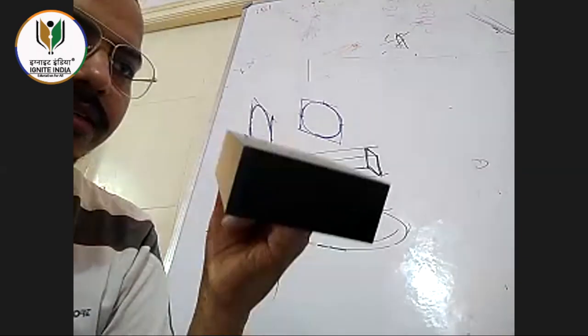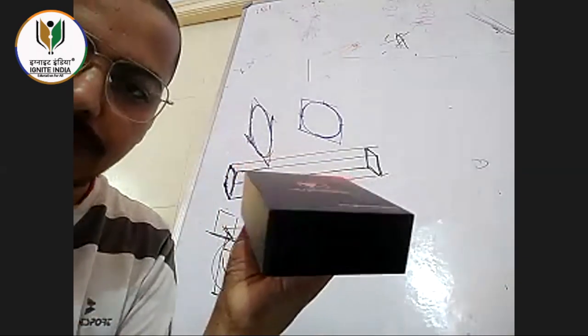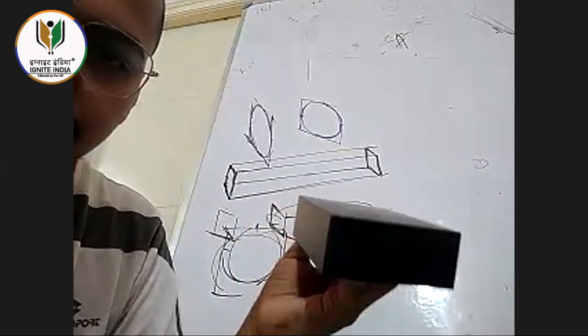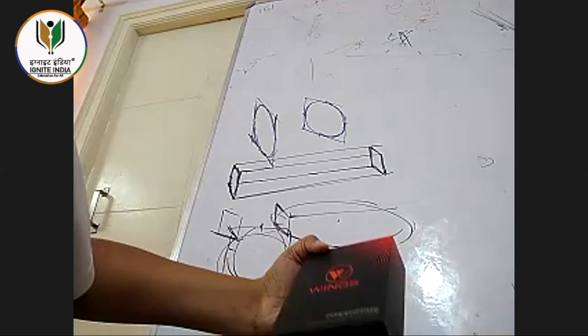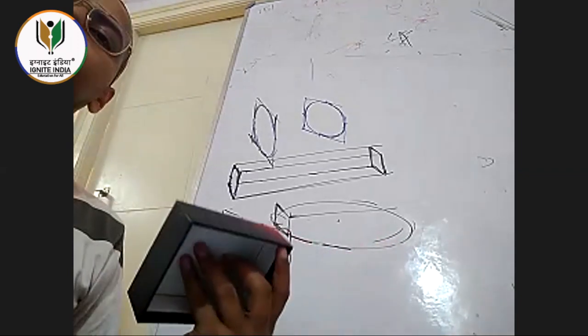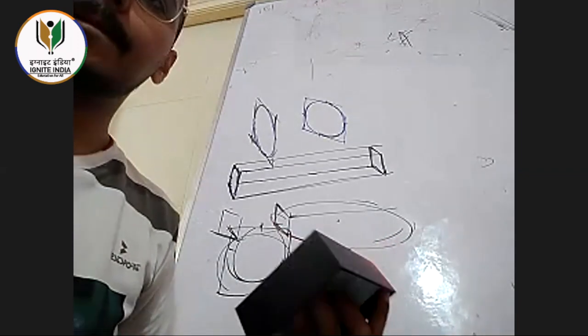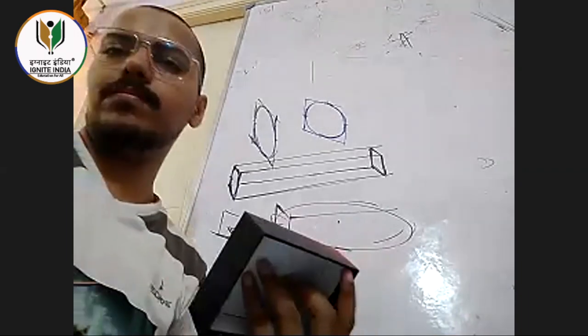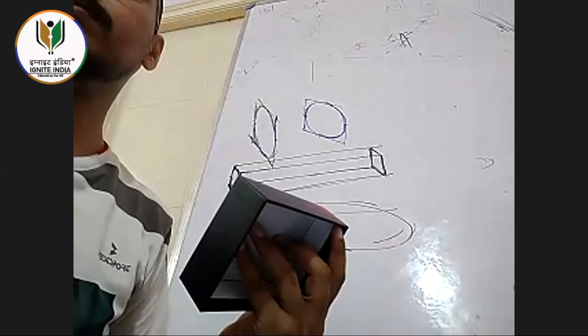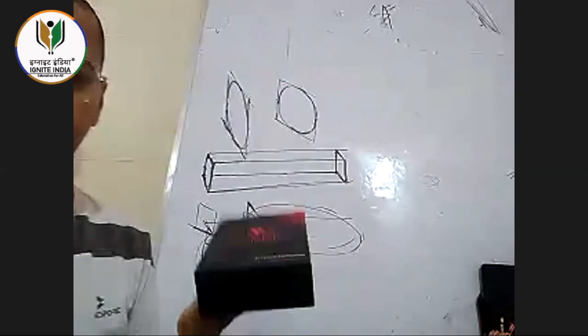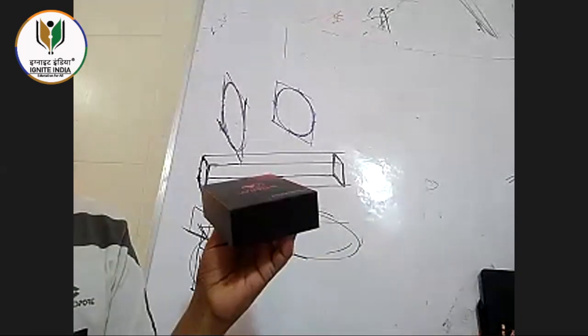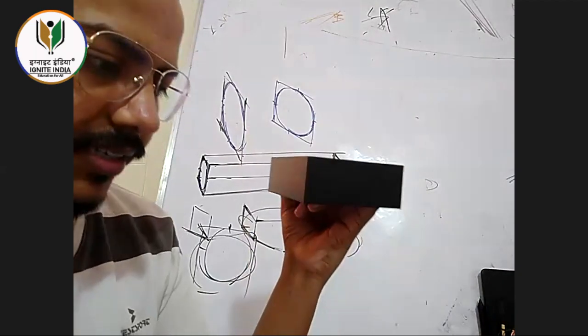All right. So now, if you see this object, let me give it a height. I need a height. All right. Now the camera of my phone is the eye.